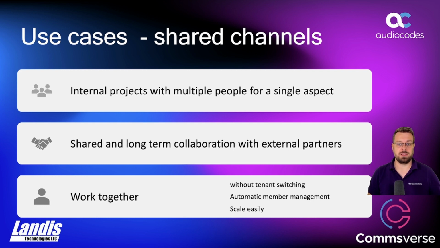If you have external parties and you want to work with them together, but they're always complaining about the tenant switch, which is really annoying. Yes, it's getting faster, but you still have a cutoff from your original environment. You can share this channel with them as well, because when they are in their own environment, they don't have to change anything.